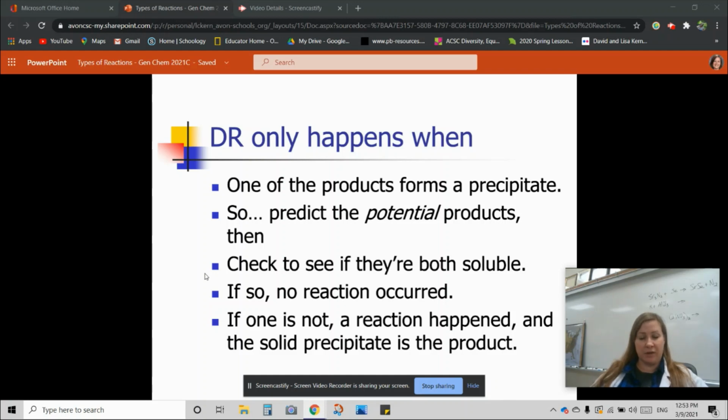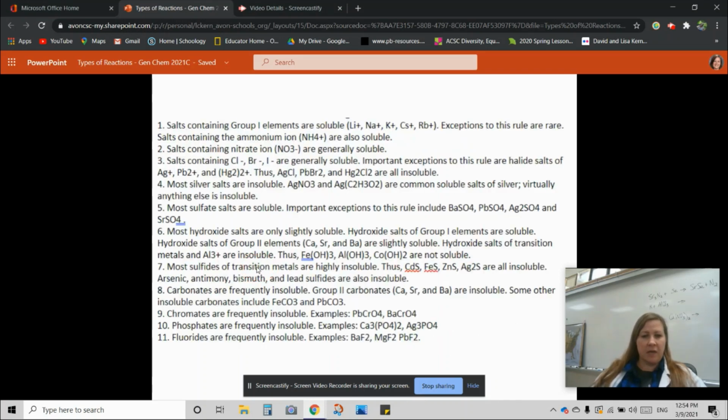If they are both soluble, then no reaction will occur because you had two ions that were bonded together that you mixed in a solution and they separated apart. And then when you mix those together, nobody really bonded and they just kind of stayed separate. So if one of them is not soluble, that means it becomes a solid when you mix the two together, then we say, yes, a reaction did happen and the solid precipitate is the product of the reaction.